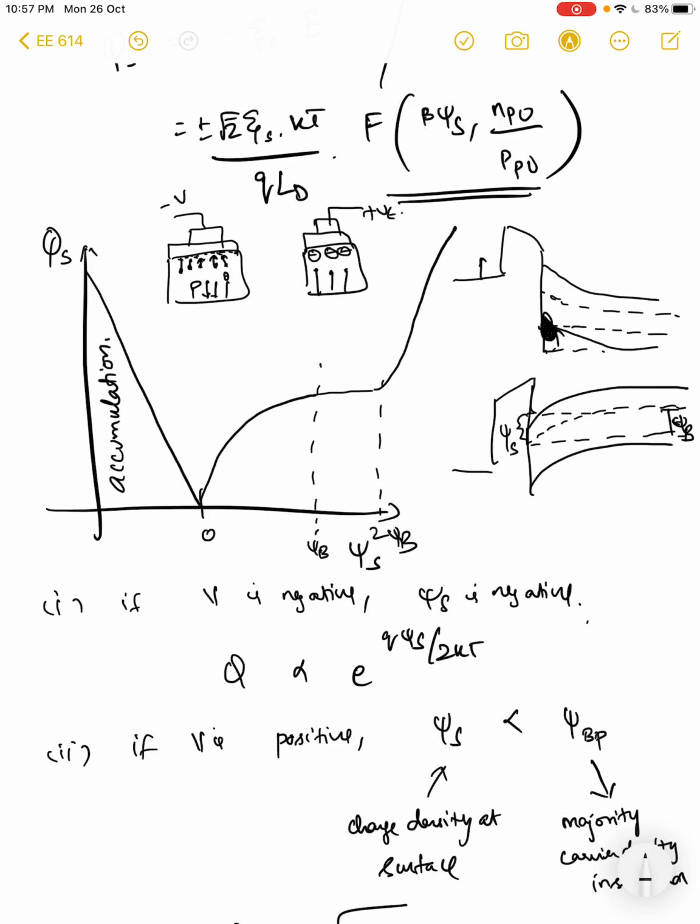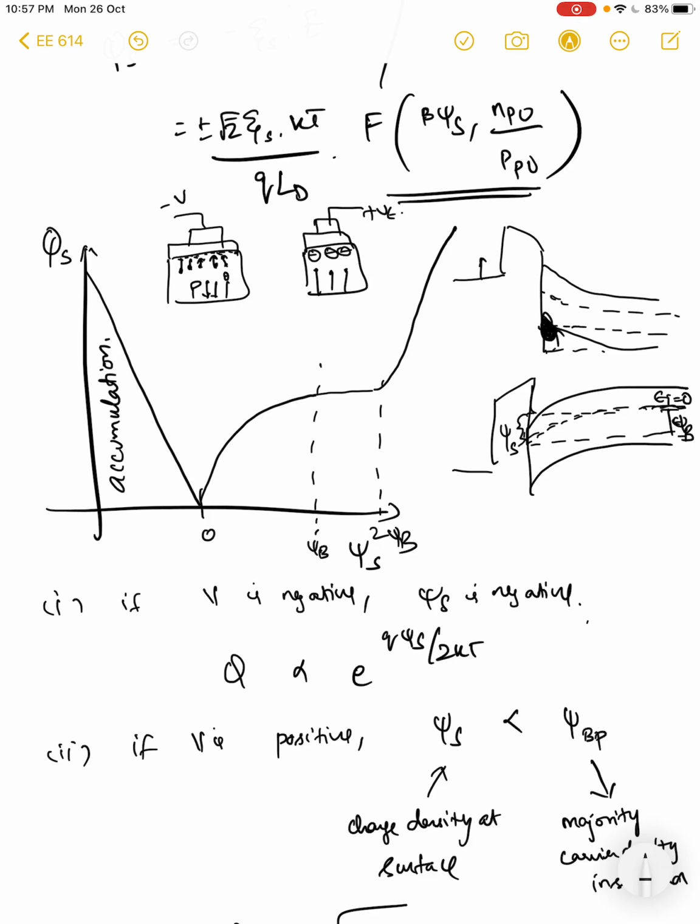This is Ei equal to 0. When you apply a potential, this Ei starts to bend, and the extent of its bend is psi s, and the difference in the energy levels of the Fermi level and the Ei at infinity is psi b, correct?